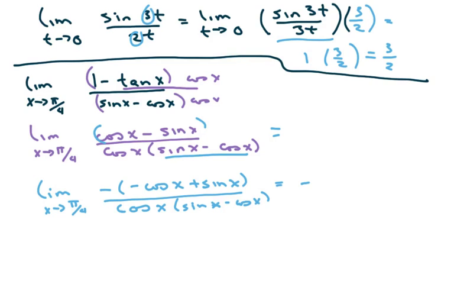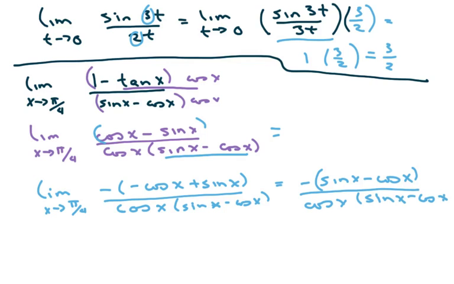I get negative sine of x minus cosine of x, and then I have cosine of x, and then sine of x minus cosine of x. And the reason I did that is so I can cancel those two.